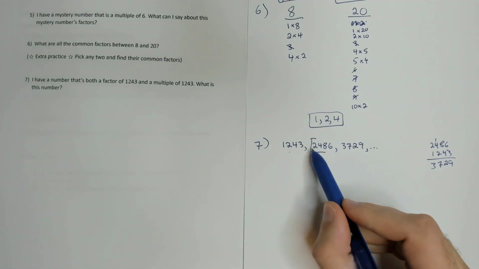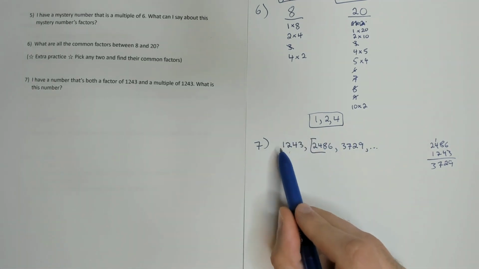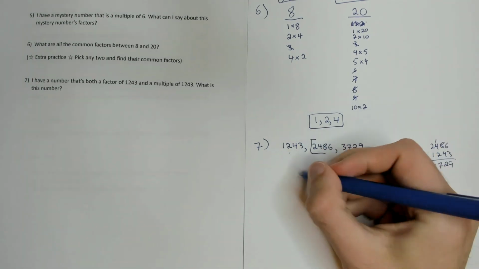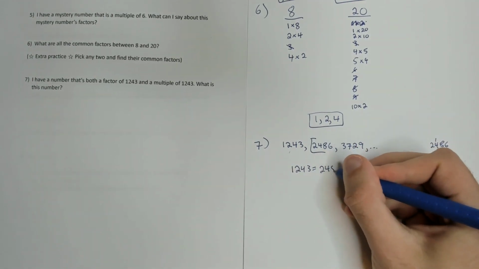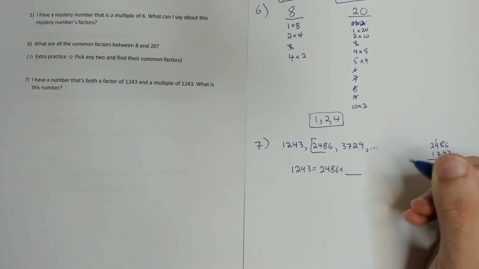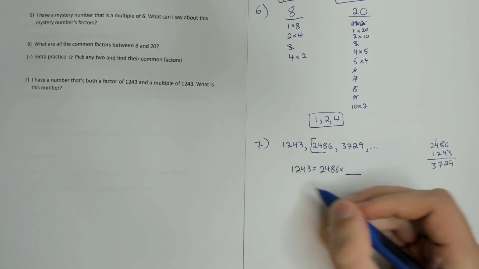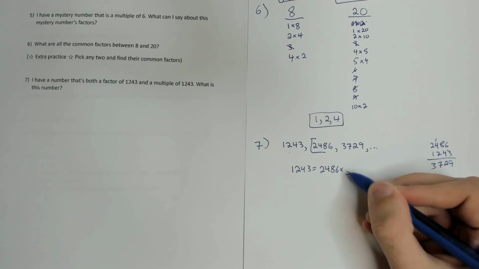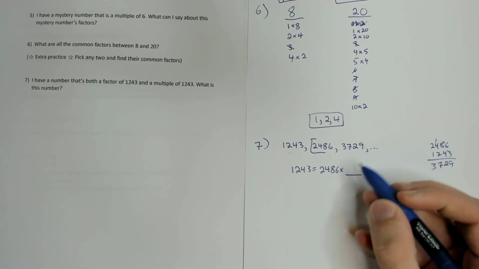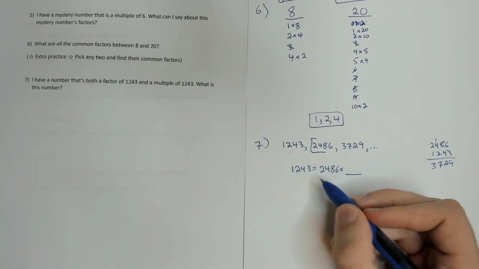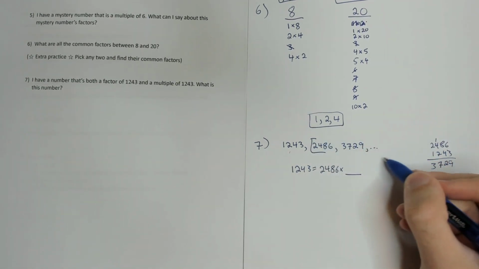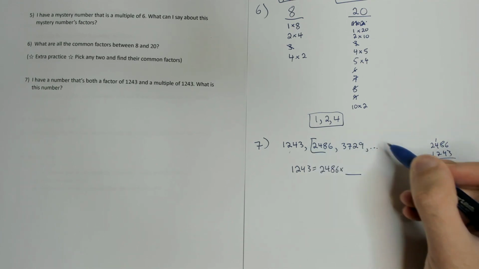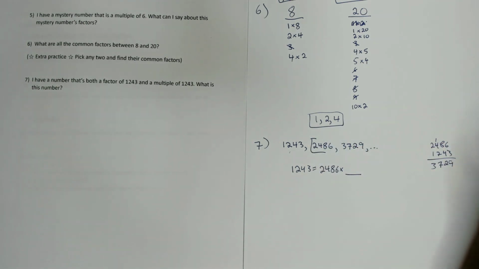But can a number that's bigger than this be a factor of it? Well, that would be like saying 1,243 can equal 2,486 times some whole number. But this is bigger than 1,243. It doesn't matter what whole number we multiply it by, it's never going to give us a smaller number, right? And so that means all of these will not work as factors of 1,243 because they're just too big, right?